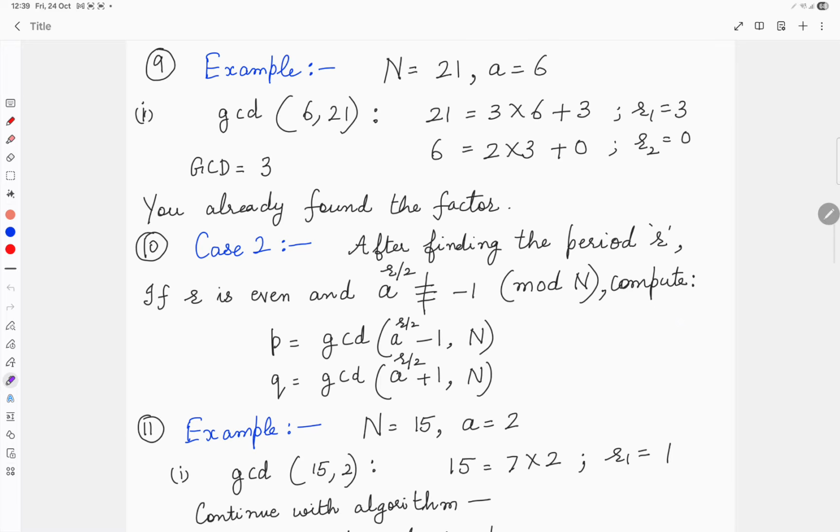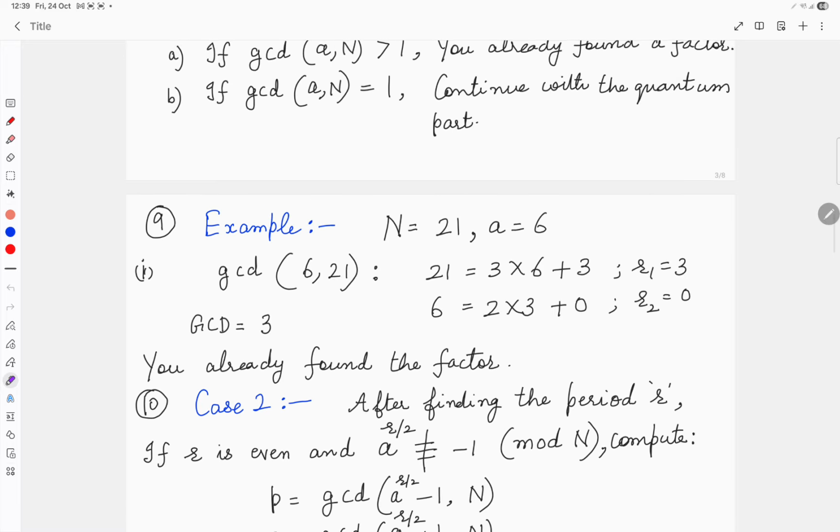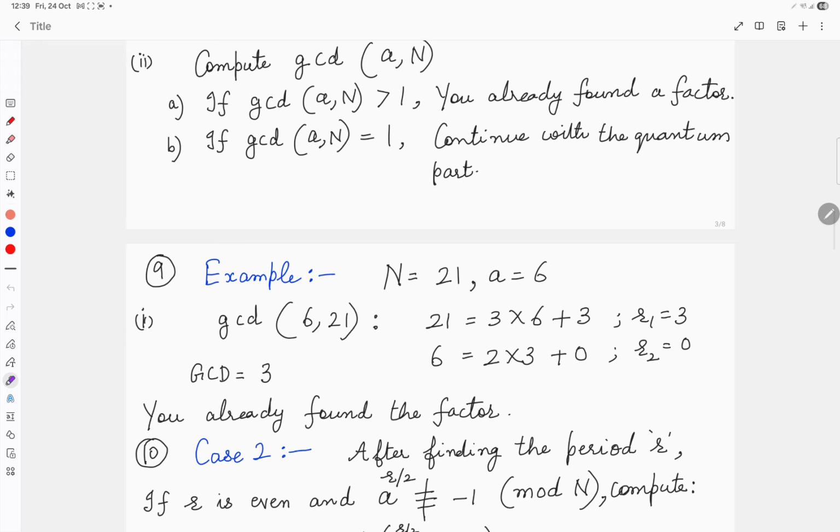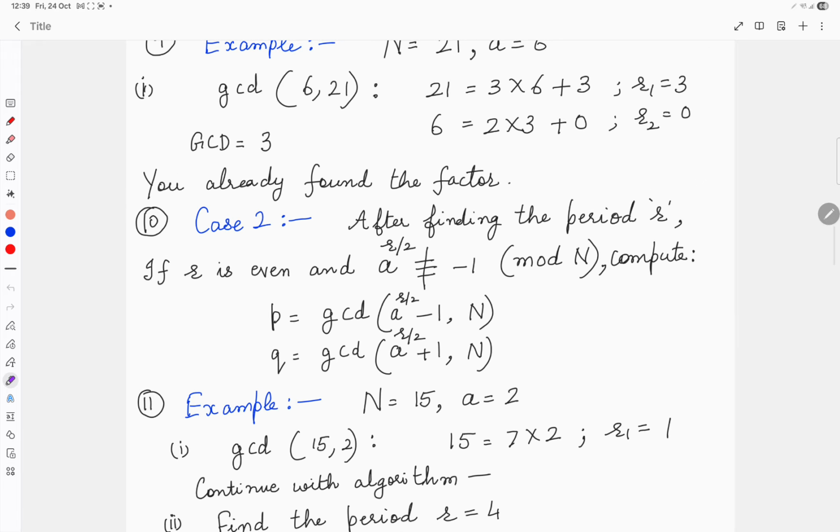Now, what is case 2? In case 2, when GCD of A comma N is 1, we will find out the period R using the quantum algorithm, and when we have found out R, we will check whether R is even or not.